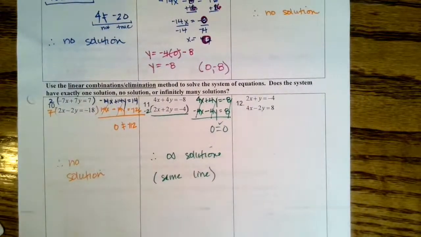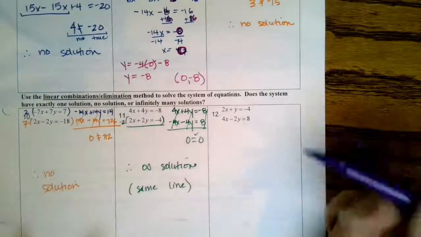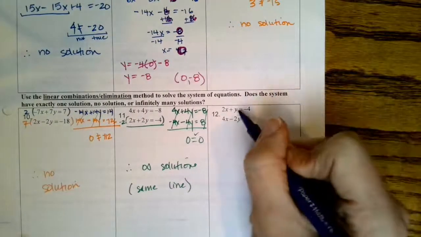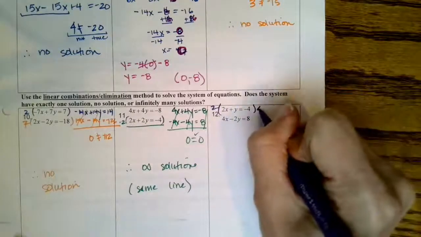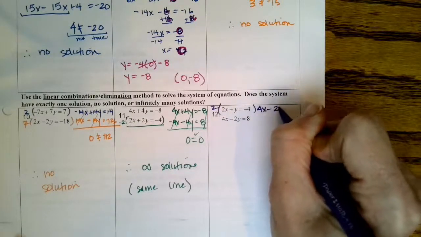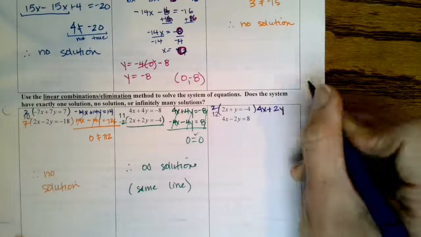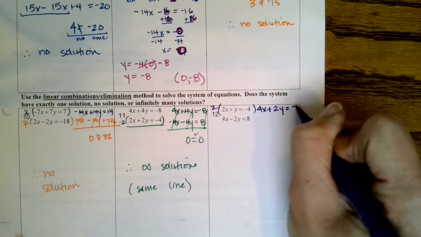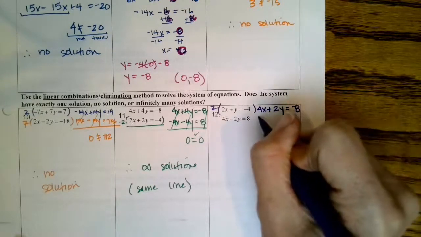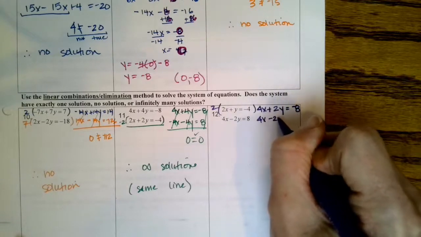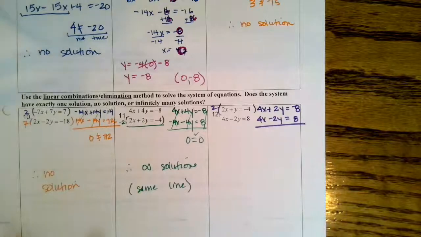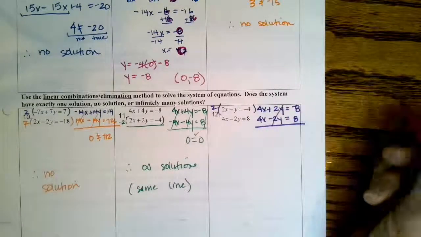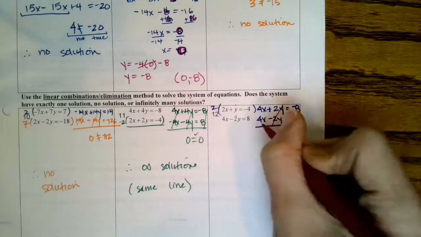All right. This last one, let's go ahead and cancel out our y's. I'll multiply this one by 2. That gives me 4x plus 2y is equal to negative 8. 4x minus 2y is equal to positive 8. Be very careful here, because here's our 0 pair. That's the one that we were going for.